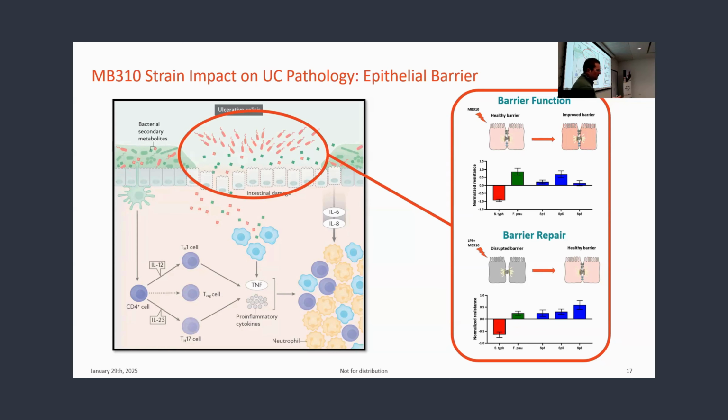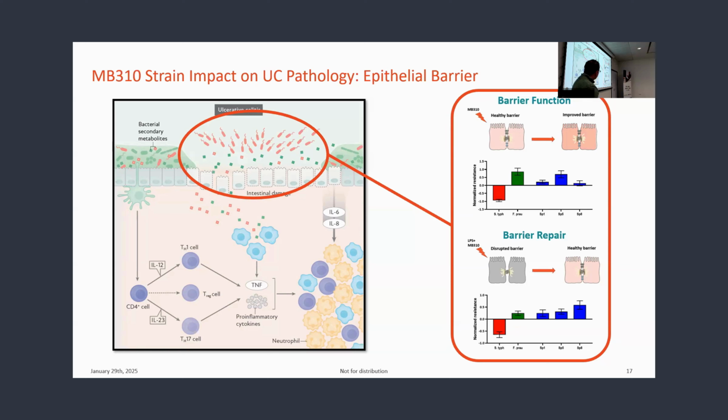But what was really more interesting is that when we treated the Caco-2 monolayer with LPS, which mimics the inflammatory conditions under which the barrier is compromised in ulcerative colitis, 3 of our strains mediated the healing and repair of the epithelial barrier. This is very, very exciting.